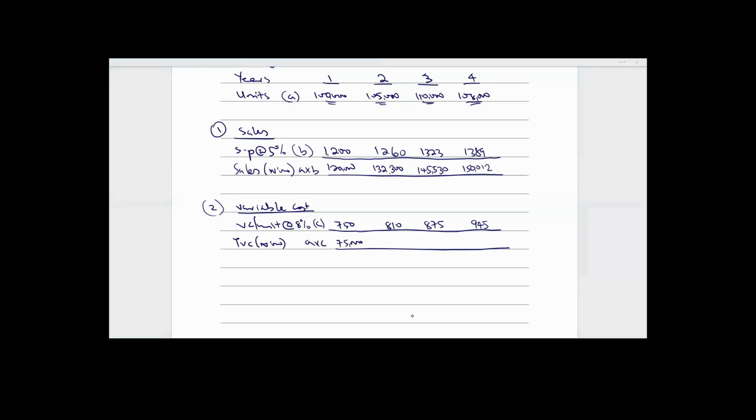Again, 105,000 multiplied by 810 equals 85,050. Next one, 110 multiplied by 875 equals 96,250.